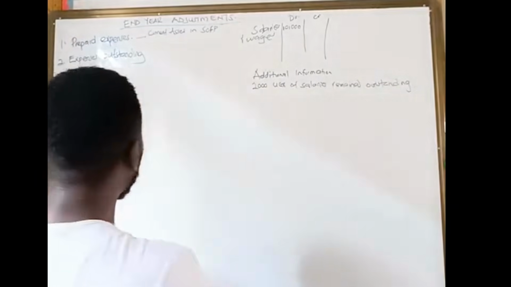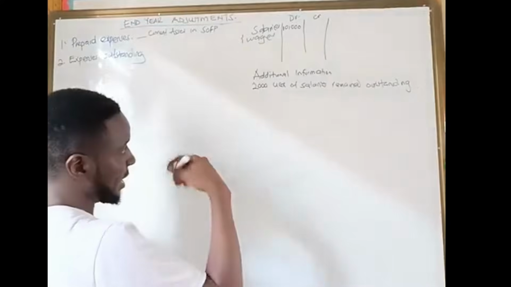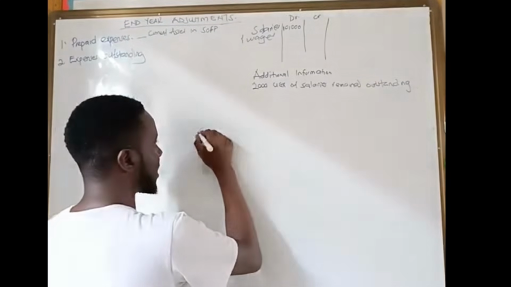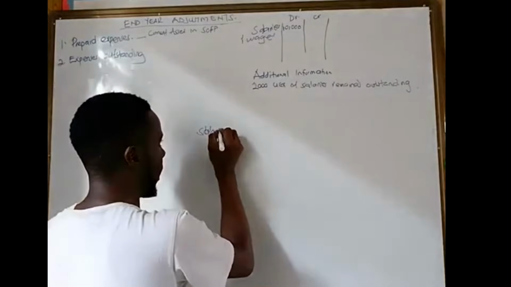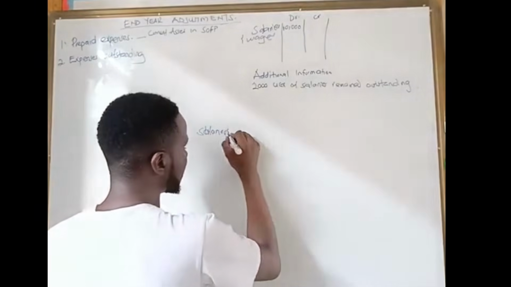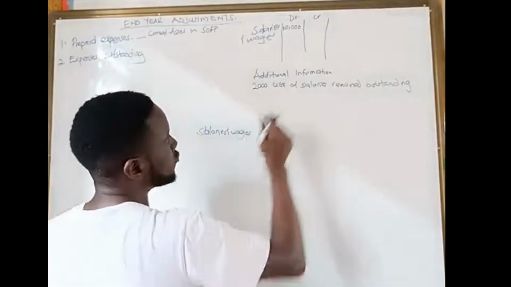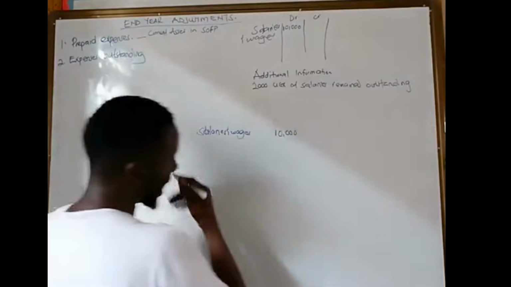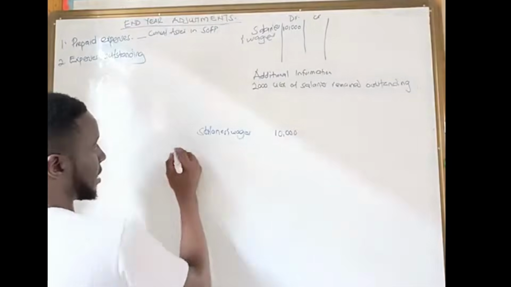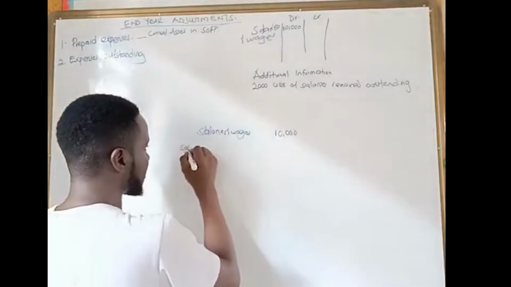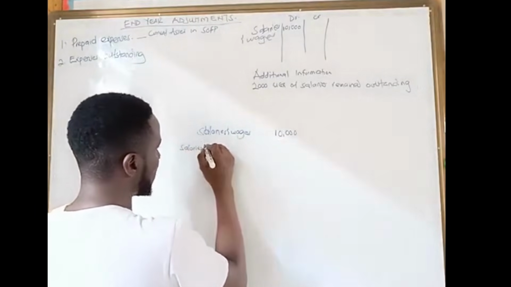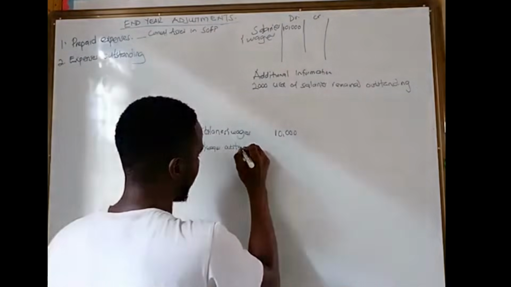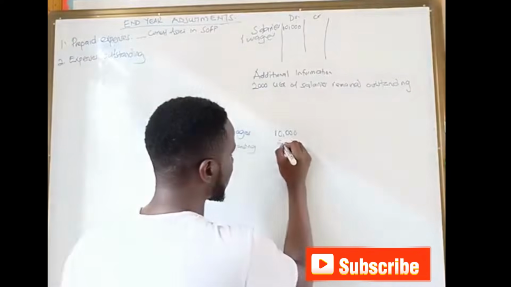So when you come to the income statement, you say salaries and wages, then you put this figure, 10,000. Then you come and say salaries and wages outstanding, 2,000.